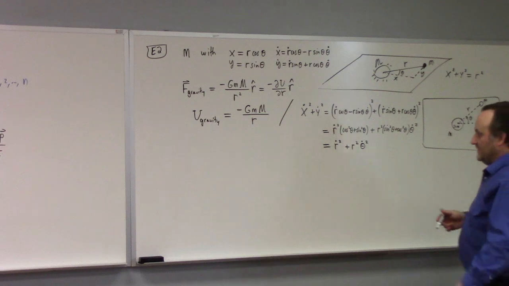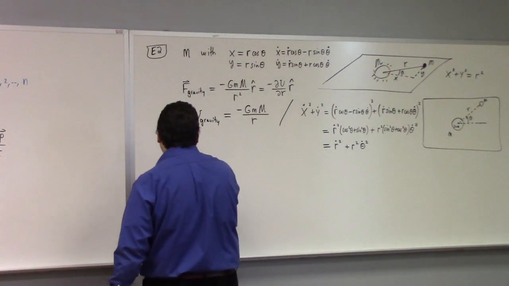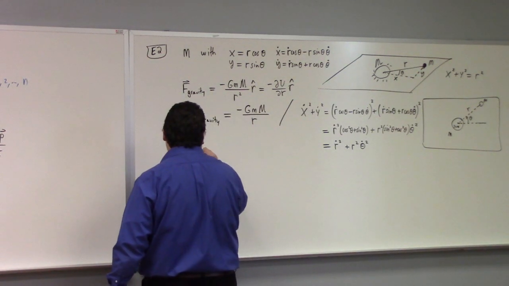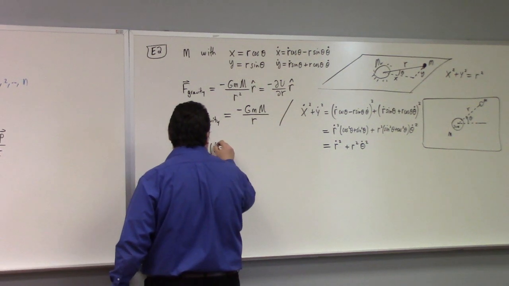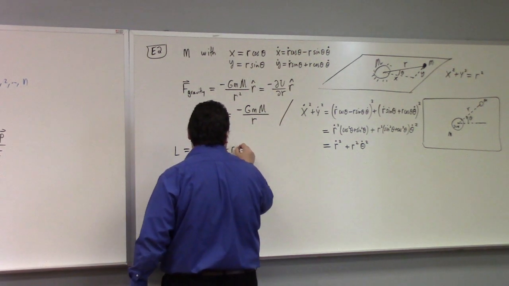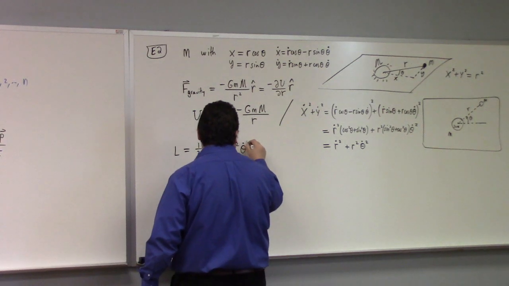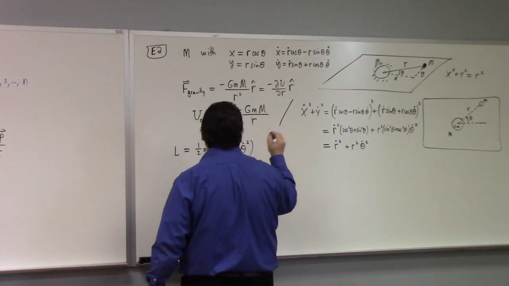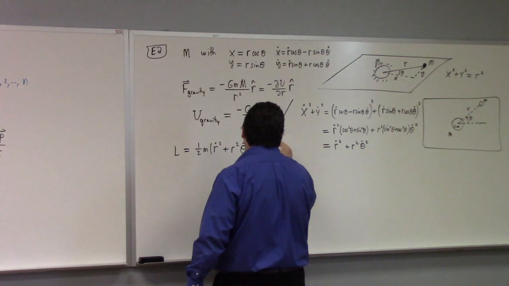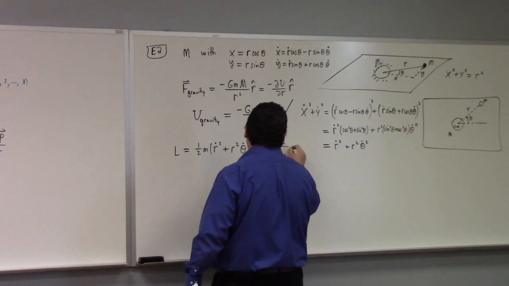Anyway, let's write down the Lagrangian then. The Lagrangian is 1/2 m (r dot squared plus r squared theta dot squared), and then minus U, which is actually plus G m M over r.